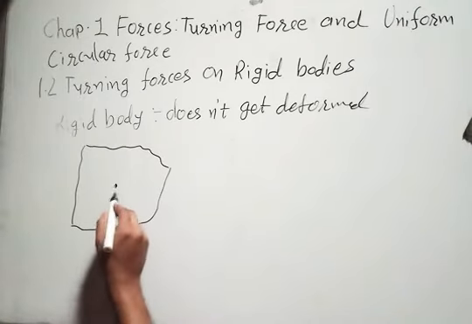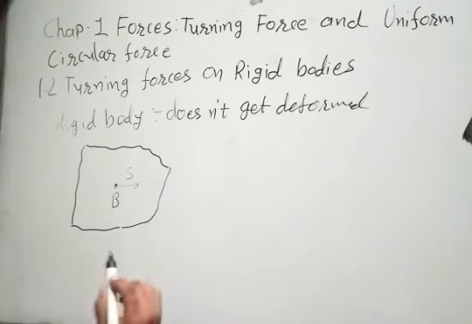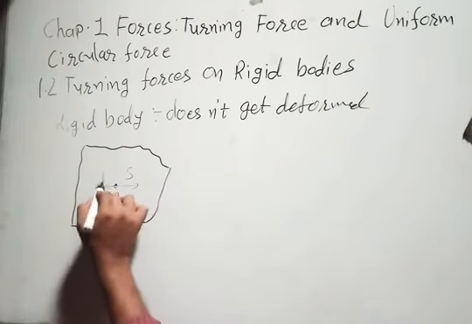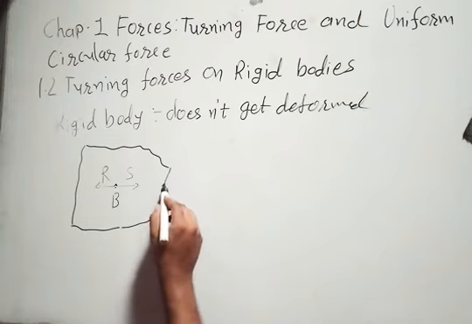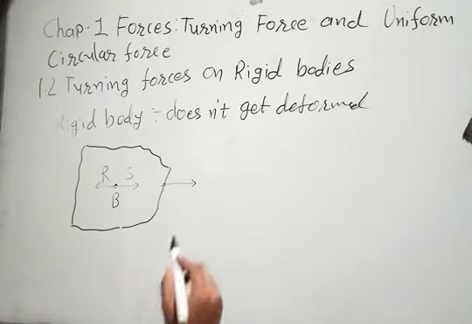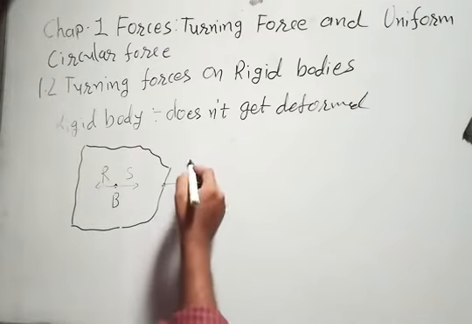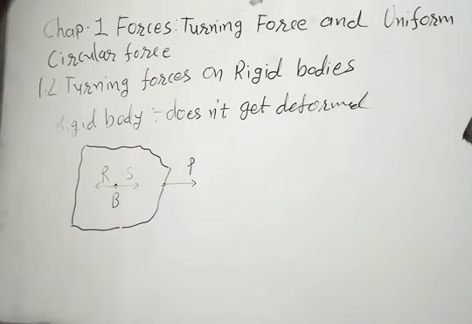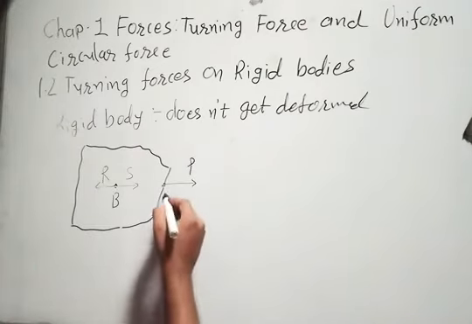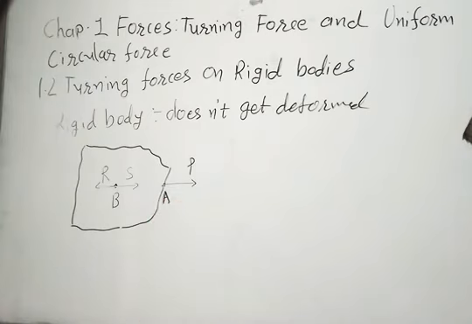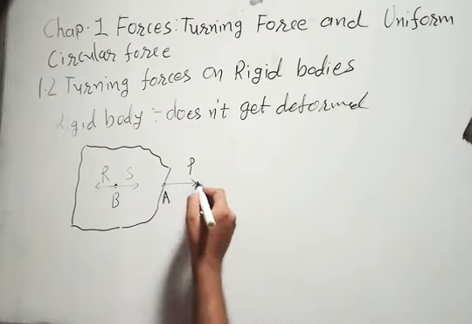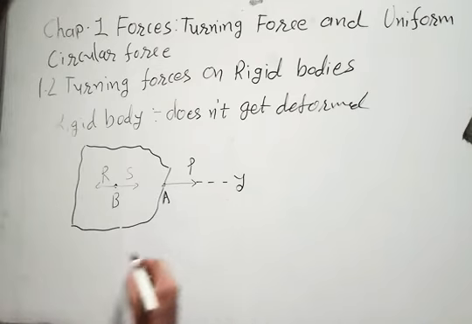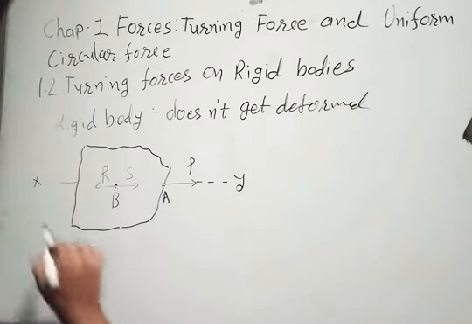If we denote it as B, this force is S, and the left hand side force is R. At this point the direction of force is the right hand side, and that force is denoted as P, and that point we call A. Clear? Now this is a dotted line, this is X. Okay, so the figure is completed.